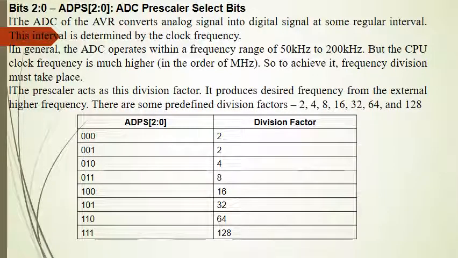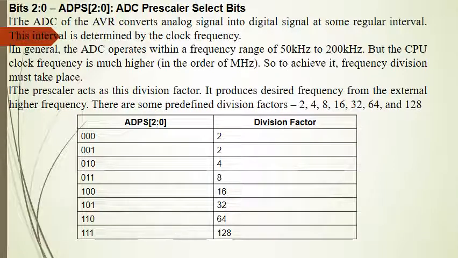Now, rather than providing a separate frequency source for the ADC, the frequency of the CPU is divided by a factor, and after dividing it, the frequency can be used as the frequency for the ADC. This method of division is called prescaling. Now we have these three bits.